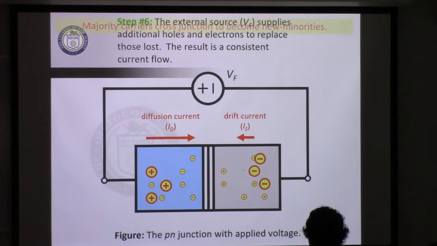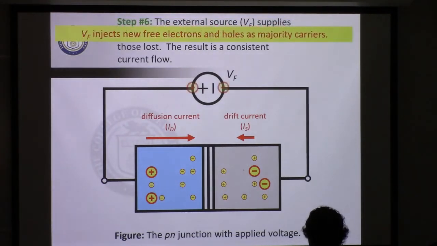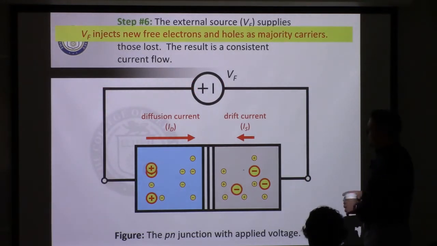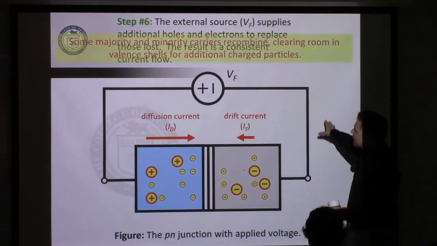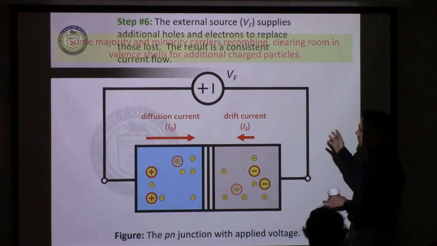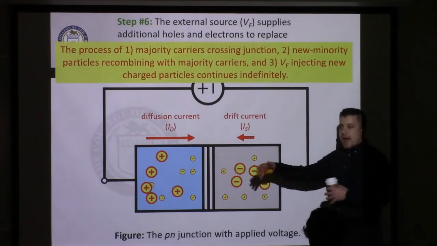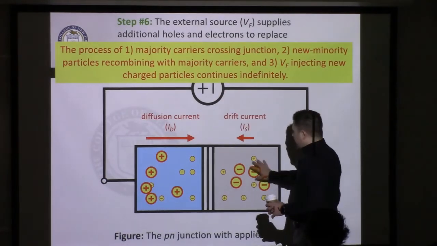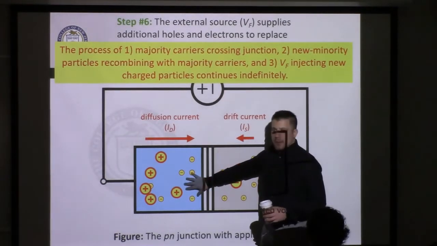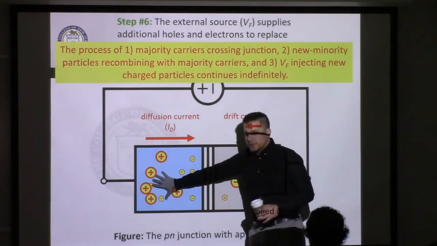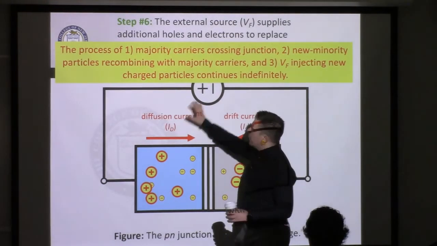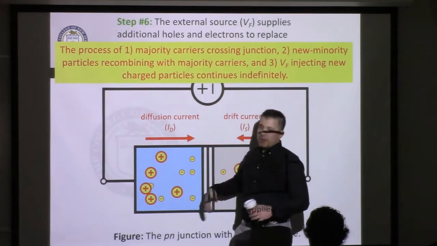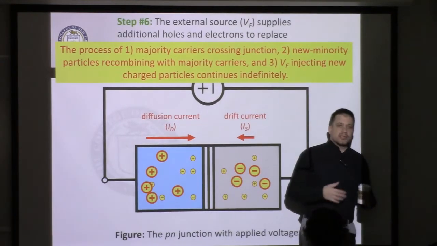So after that we have more majority charge carriers that cross over to create more minority charge carriers, and the source adds new majority charge carriers. You can see how the process continues on and on. Majority charge carriers come in, they cross over, they become minority charge carriers, they diffuse. They get rid of majority charge carriers, and then more are put in, and then the whole process just keeps going and going.